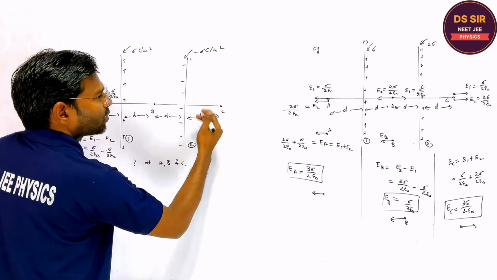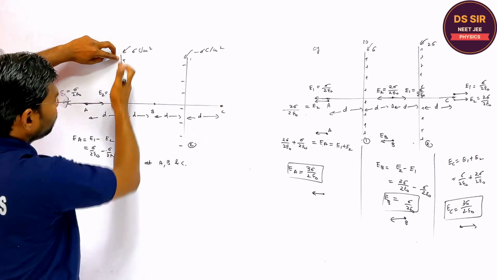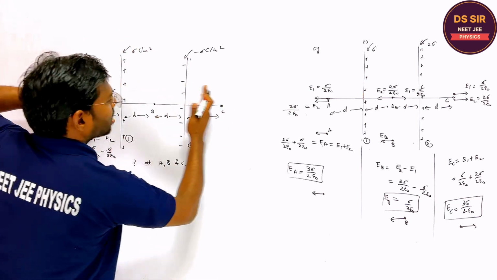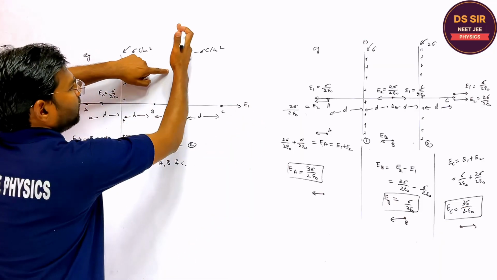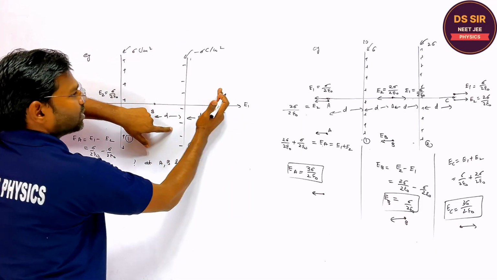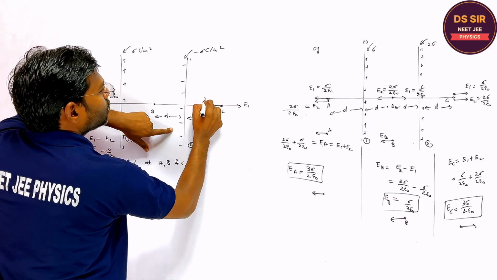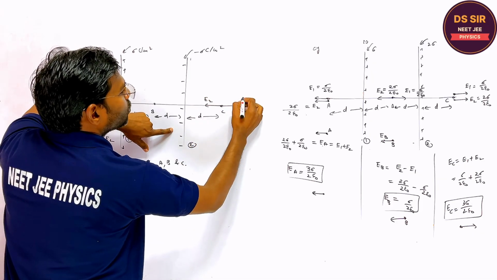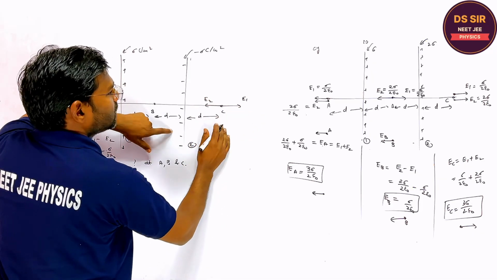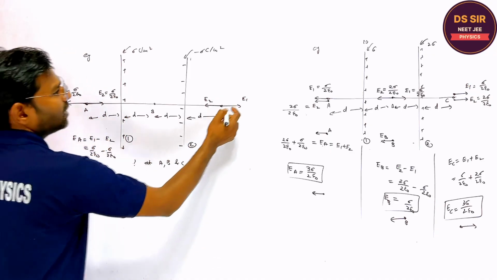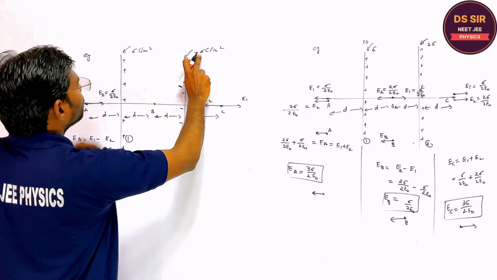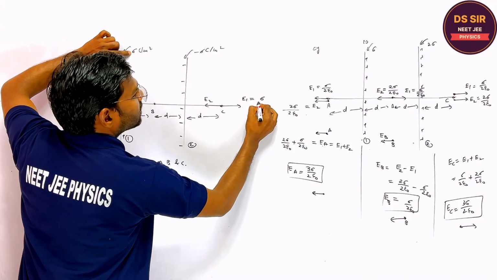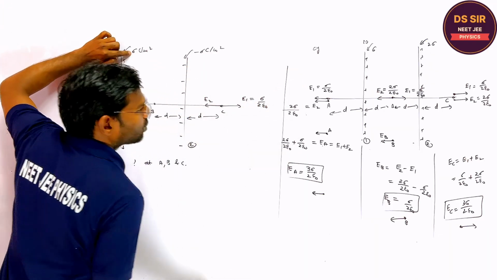In the same way, at this point, because of this positive charge, the electric field is away from the sheet, and because of this negative sheet, the electric field is towards the sheet. Is it clear or not, you tell? So what are E1 and E2? Because of this sigma, the electric field is sigma upon 2 epsilon naught.